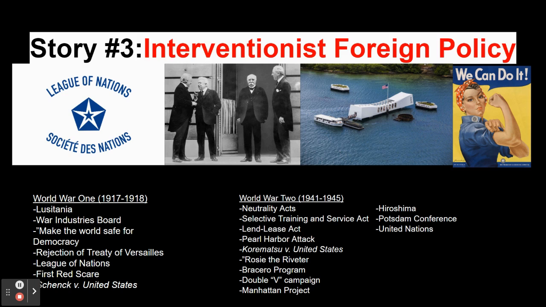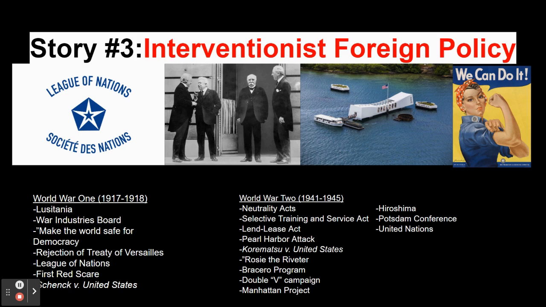And what happens is we start to gradually be snapped out of our neutral mindset. And we start to realize that America has to use its economic power, its military power, in order to help our allies.